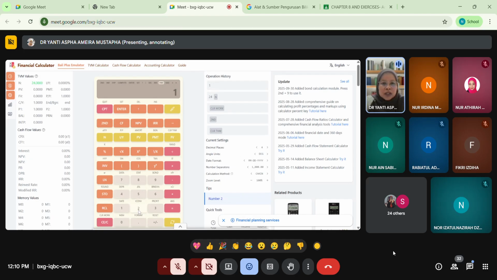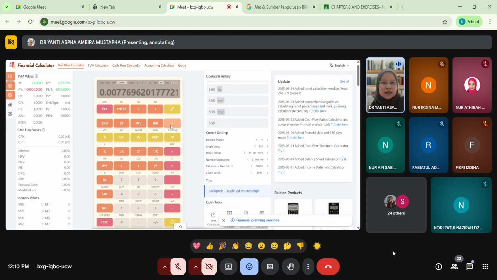Then 120,000 as negative PV, the loan we get today. Then 0 FV, and 5,500 is the payment we make every month. Then compute I/Y. That's wrong.